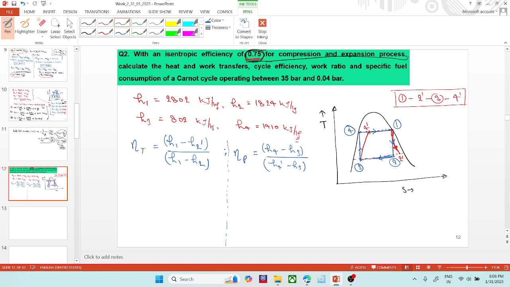Okay, so the values are given. This eta t is 0.75. I will put all these values here. H1 is 2802 minus H2 dash, which we have to determine. H1 is again 2802 and H2 is 1824.